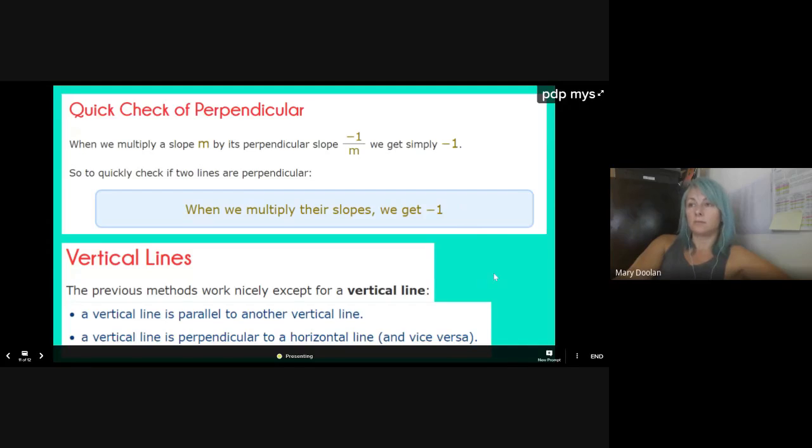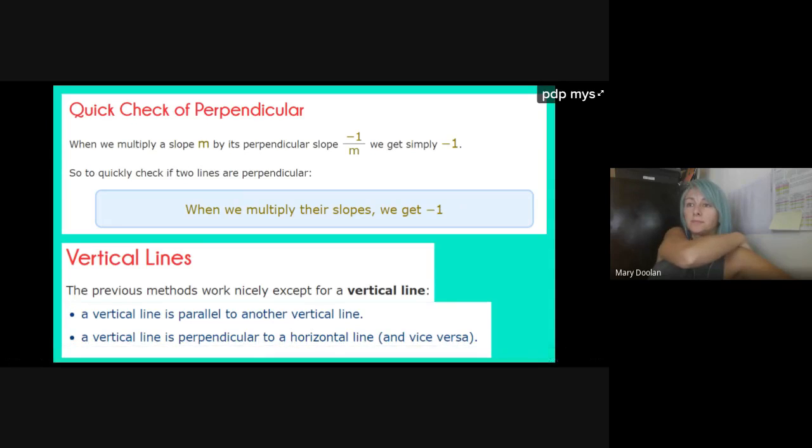That's one way to tell. So this all works really nicely unless you have a vertical line. Vertical lines are parallel to all other vertical lines as long as they're not the same line. And then vertical lines are perpendicular to horizontal lines.